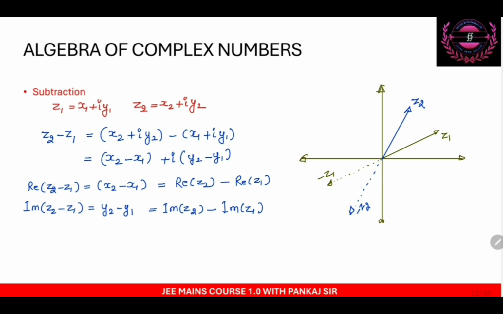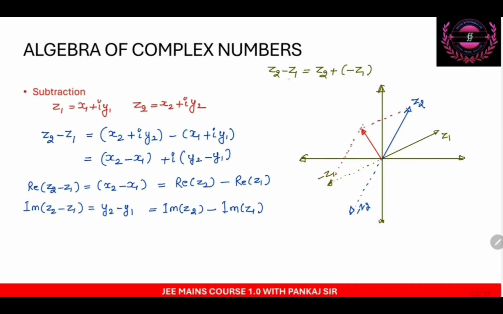Using the parallelogram law of vector addition, this will be the resultant of z2 and minus z1. We have to represent z2 minus z1 on the Argand plane. I can write this as z2 plus minus z1.